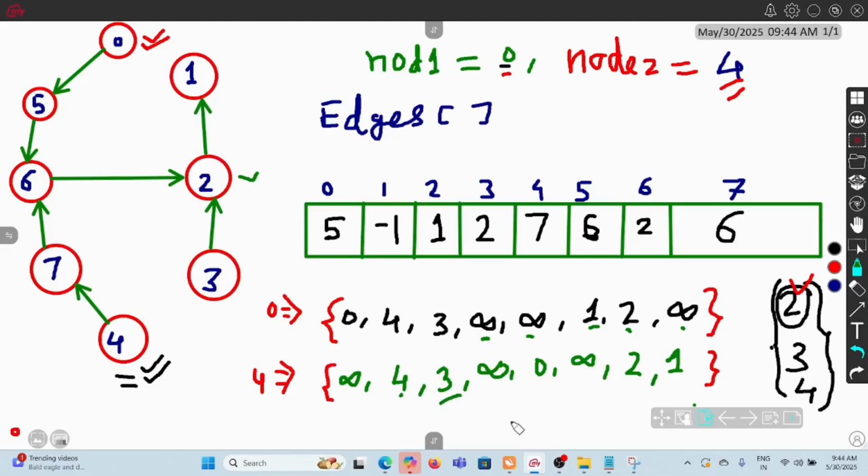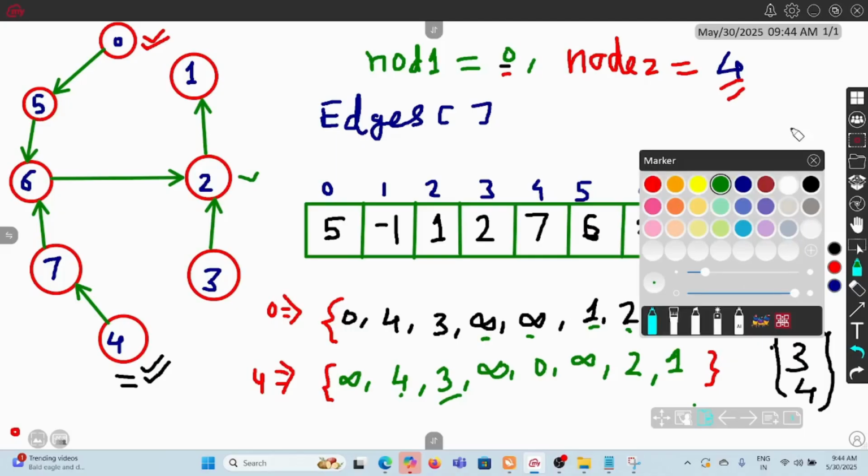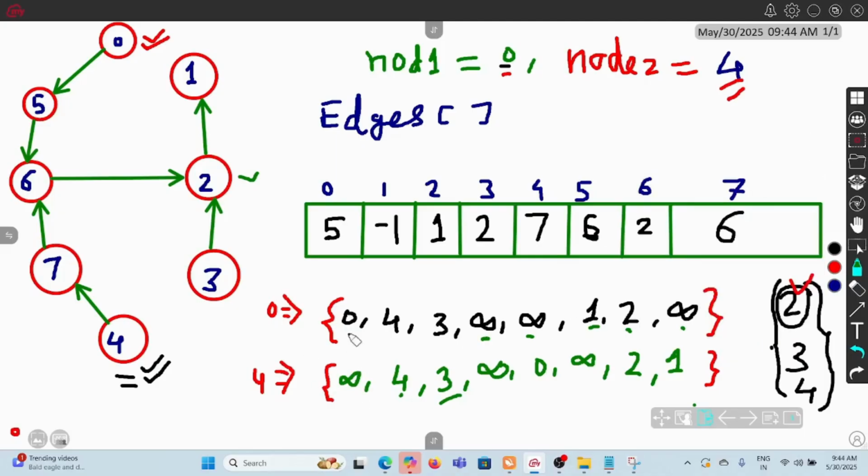Now we have to look at all these distances and find the best possible node: the minimum of all those maximums. So see here what is happening. These are reachable values 4 and 4, so the max is 4. This is also reachable, but the max value here is 3.